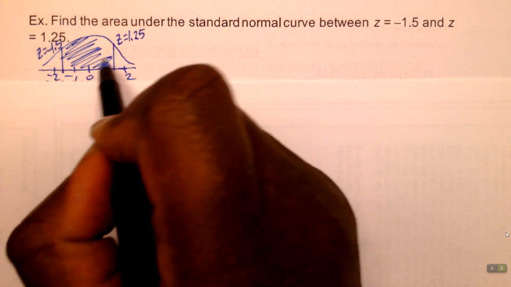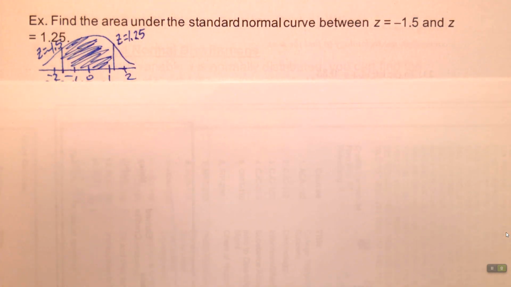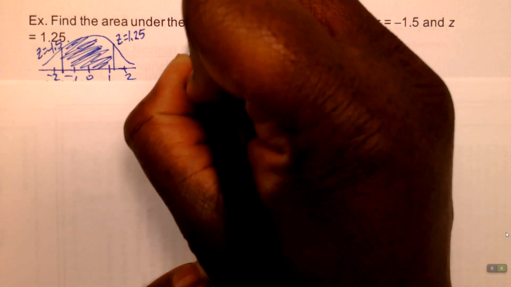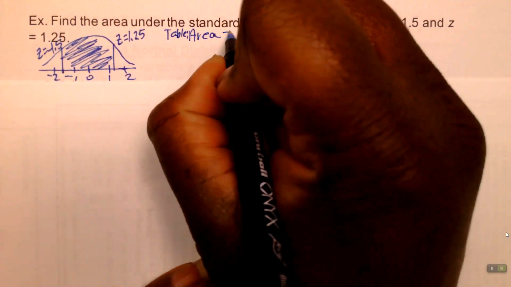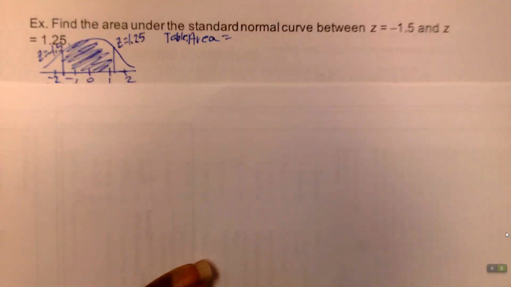So in between those. So I need to find those two areas and just subtract the largest one from the smallest one. So it doesn't matter which one you find first.